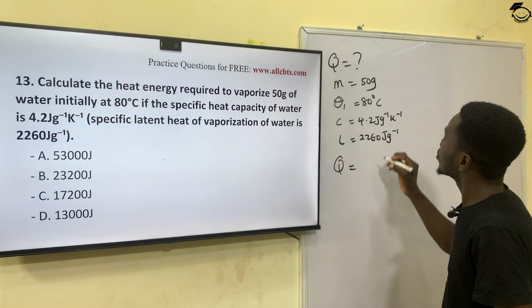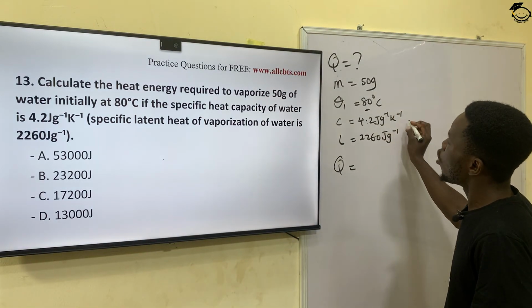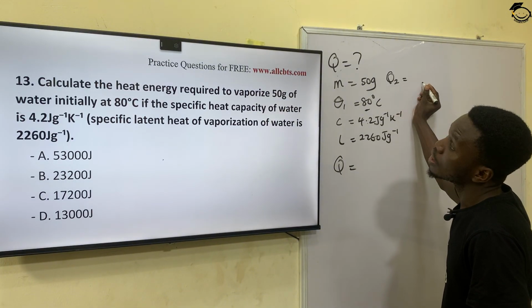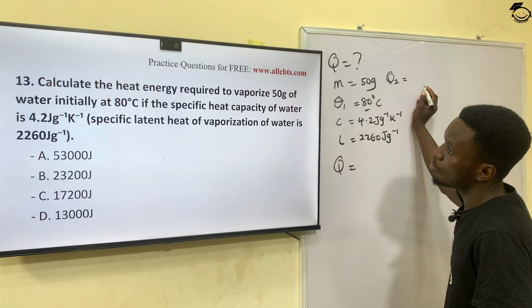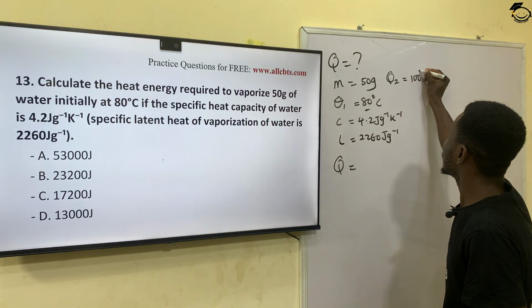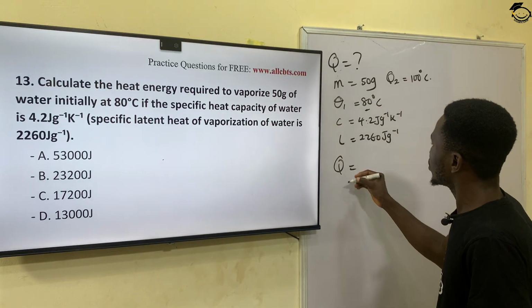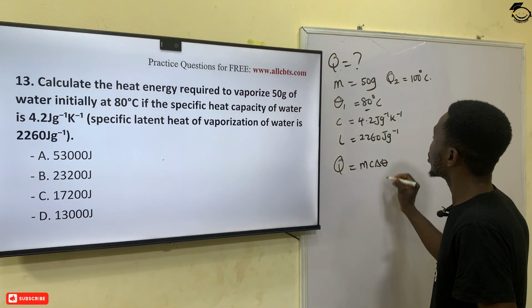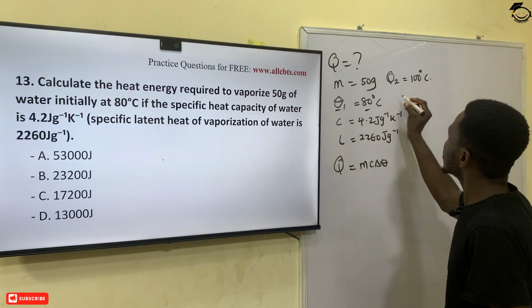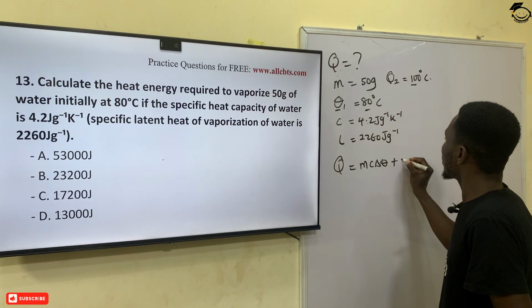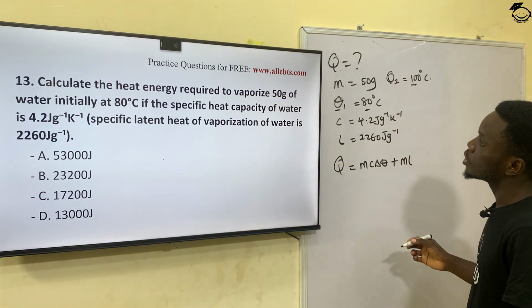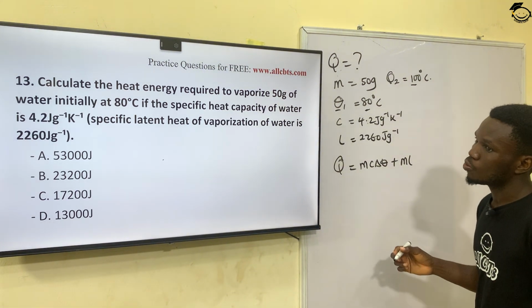We first convert the 80 to 100, because theta 2, the boiling point of water for it to become vapor, is 100 degrees Celsius. So our quantity of heat is the heat required to take it from 80 to 100, and then the latent heat required to convert it from liquid water to gas, which is steam.